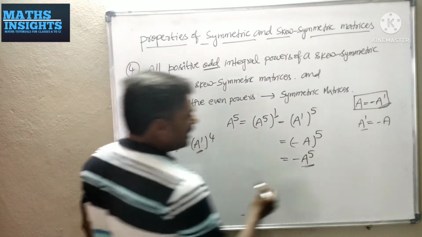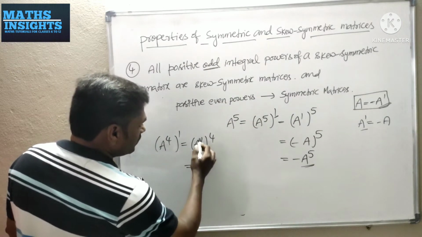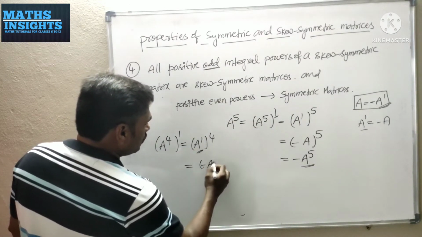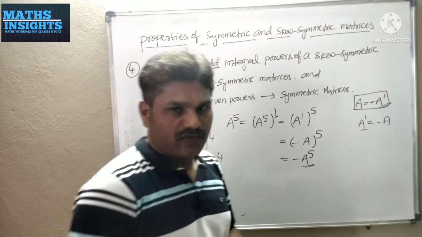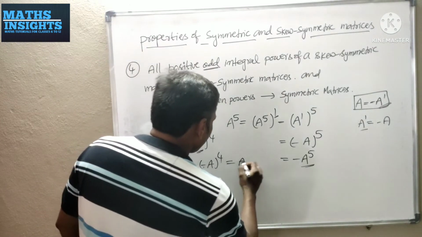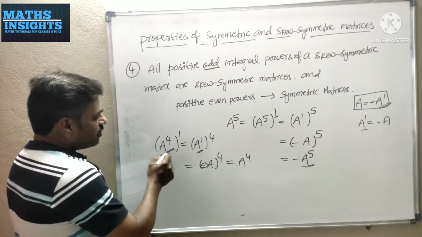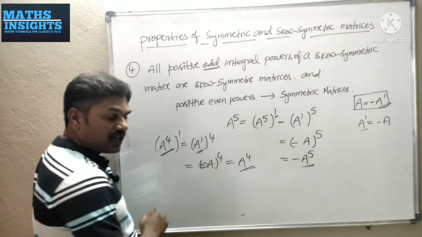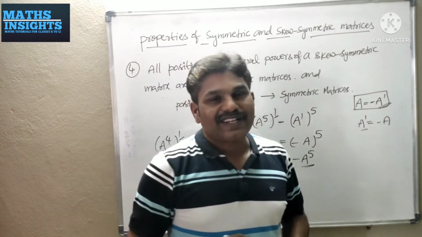But since A dash is equal to minus A, I can write minus A whole power 4. If you multiply minus A an even number of times, whatever the even number may be, you will get A power 4 again. That means this minus will disappear. Whatever the matrix you have taken, you are getting the same matrix again on doing the transpose. Therefore, it will become a symmetric matrix.